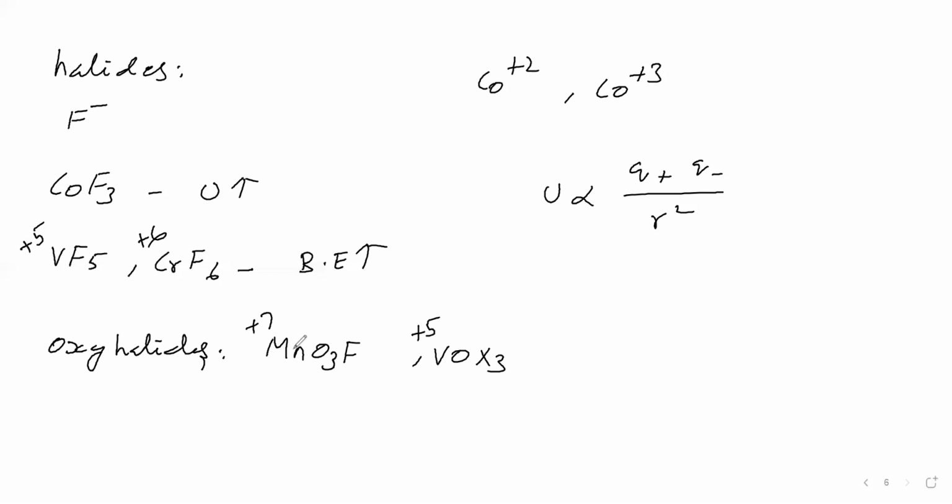Manganese is a +7 oxidation number. In the oxyhalides, oxygen and fluorine both stabilize the maximum oxidation numbers.